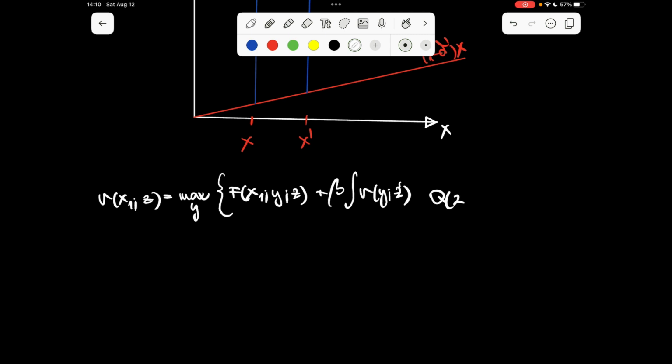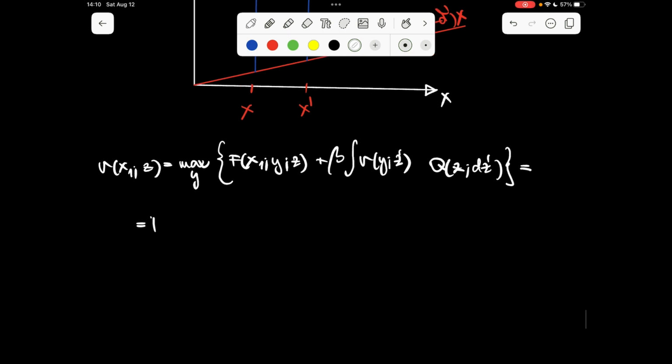Given x1 as the initial value for the capital stock, the solution to the Bellman equation is an optimum choice for the investment for next period's capital stock.